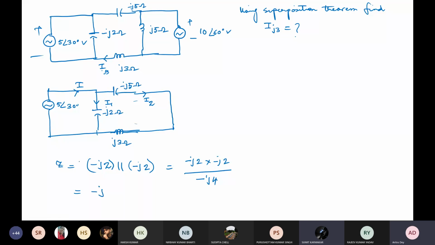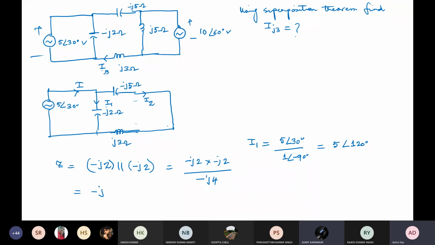So this is your effective equivalent impedance. So you can find out your I. This I is equal to 5 angle 30 divided by minus J, which means 1 angle minus 90. So you get 5 angle plus 120 degrees. Okay, agree? So then what are we left with?